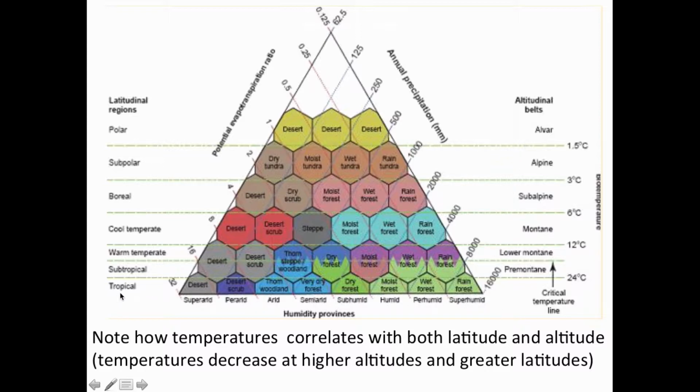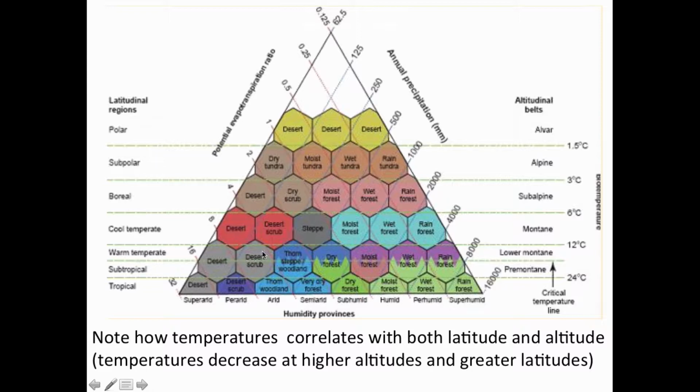The temperatures going away from the equator to larger and larger latitudes, that is closer and closer to the poles, also will decrease in temperature. And so that's represented on this diagram.